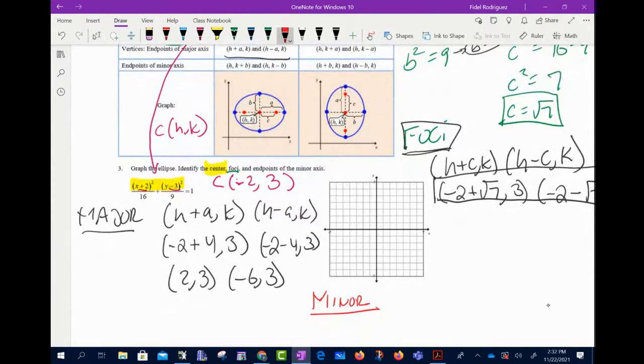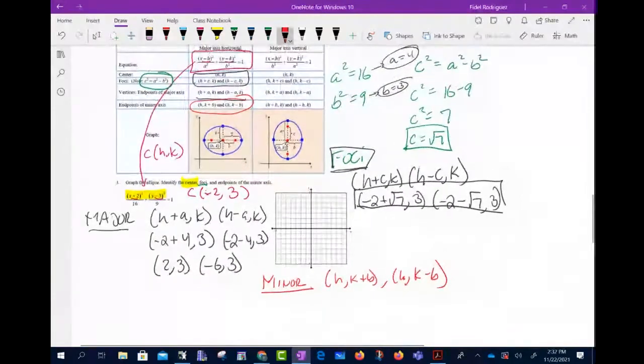So for the minor axis, y'all, and again, I'm just going to do a little copy and paste. I'm looking at the formula right there, and it says (h, k plus b) and (h, k minus b). So we already know that our h was negative 2.